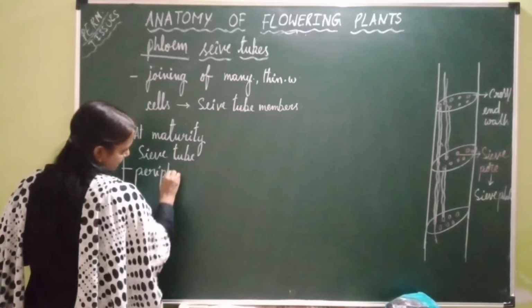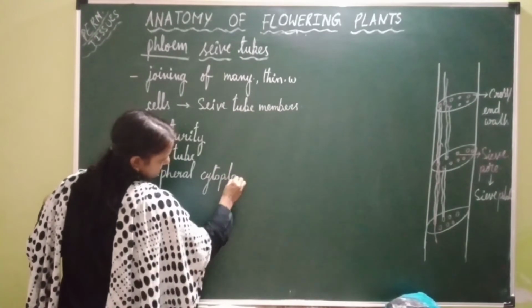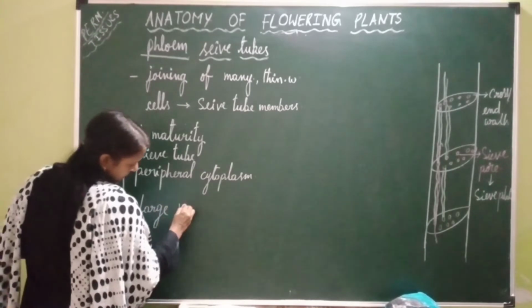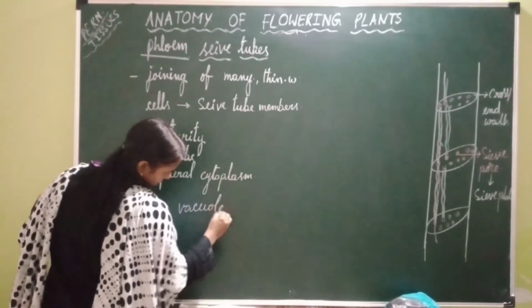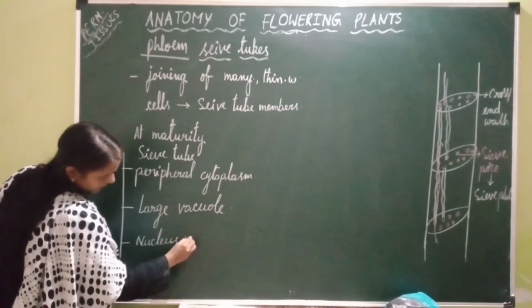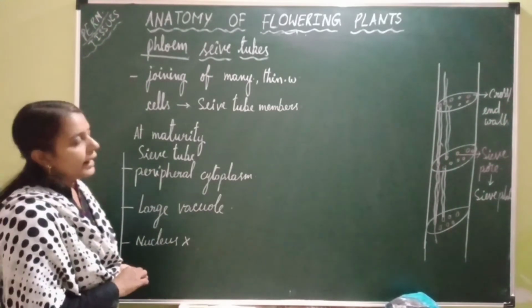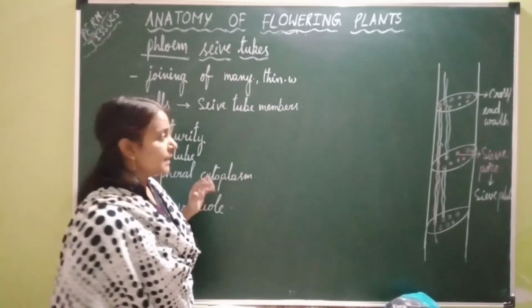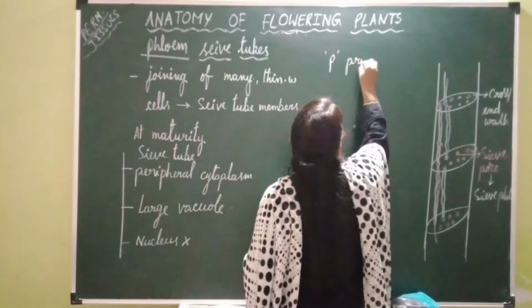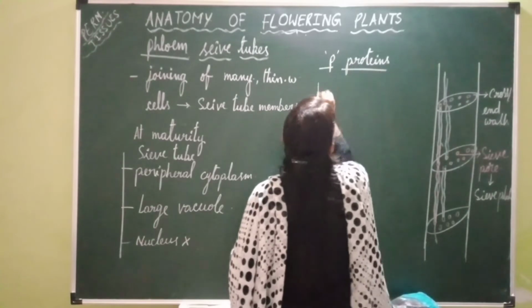Peripheral cytoplasm, a large vacuole, and there is no nucleus. Nucleus gets degenerated. Okay, at maturity. And here, the sieve tubes consist of a special type of proteins called P proteins, which are nothing but phloem proteins.